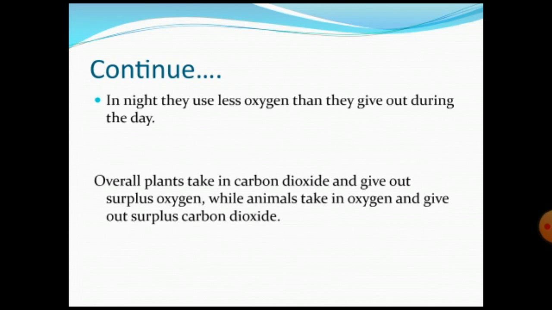Surplus oxygen means a greater amount of oxygen, while animals take in oxygen and give out surplus carbon dioxide. Animals take in oxygen, which is released by the plants, and release extra carbon dioxide from the body.